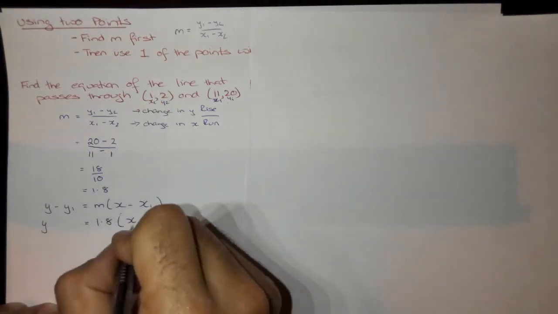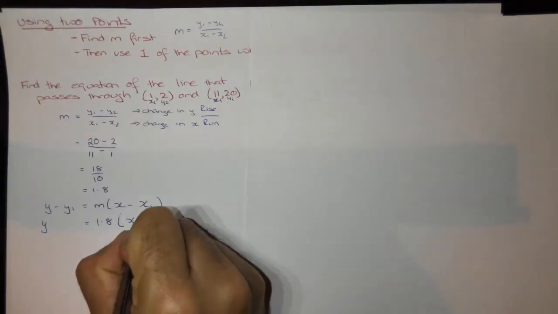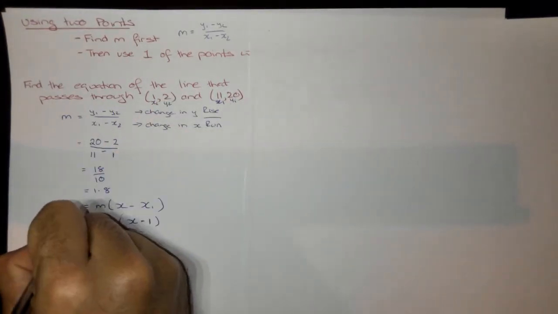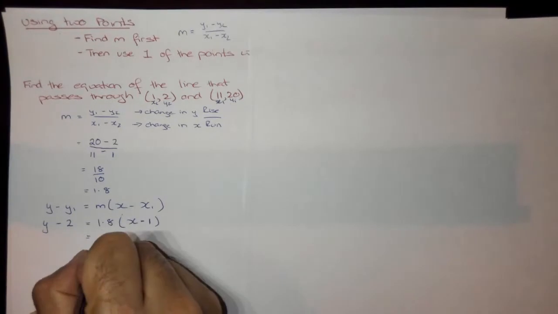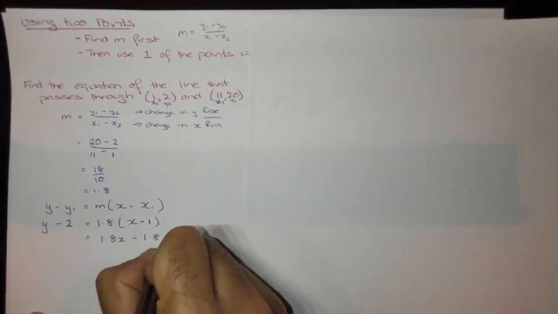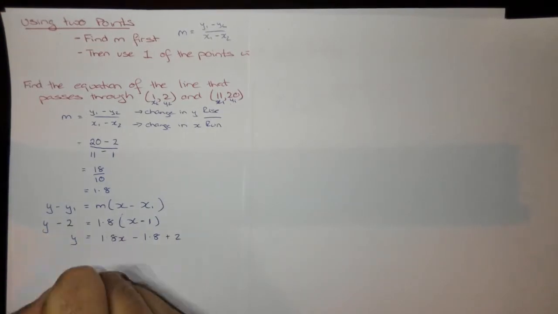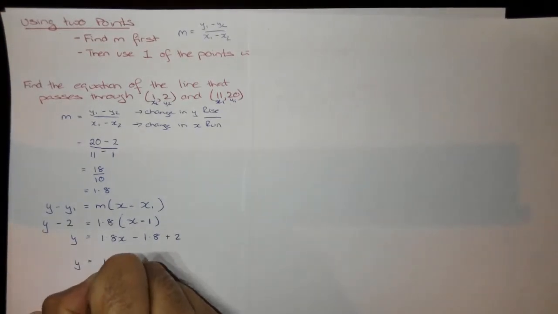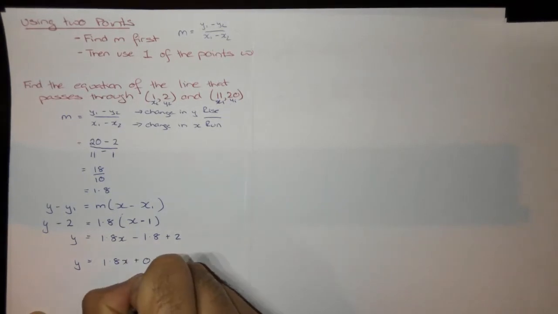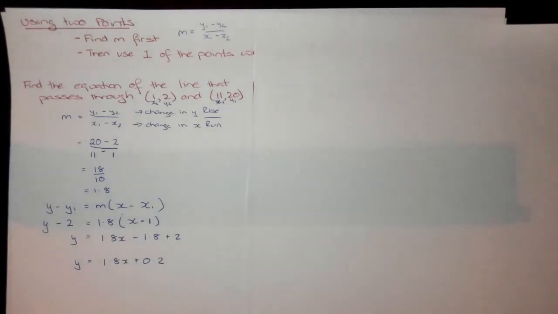Yeah. So my x1 is 1, and my y1 is 2. And now I'm just going to solve. That's 1.8x minus 1.8 plus 2. So y equals 1.8x, going to add 2, which is plus 0.2. And there's your equation of the line.